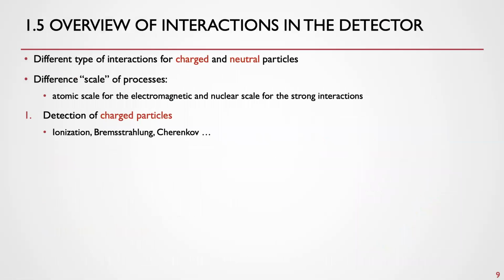Let's now make an overview of the interactions that can happen in the detector, and then we'll discuss them one by one next time. There are different types of interactions for charged and neutral particles, and charged and neutral particles also have different scales for the processes that lead to their detection. Electromagnetic interactions can happen at the atomic scale because you can scatter and react with the electrons in the shell of the atoms.